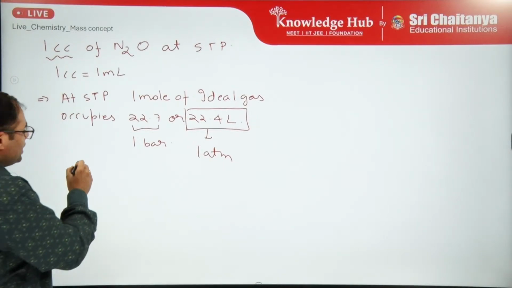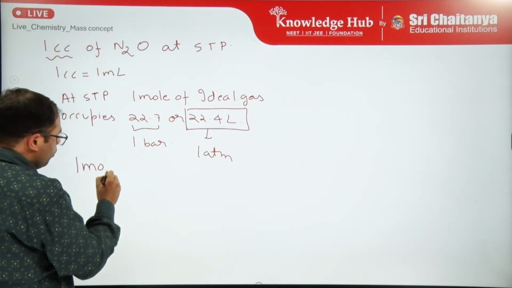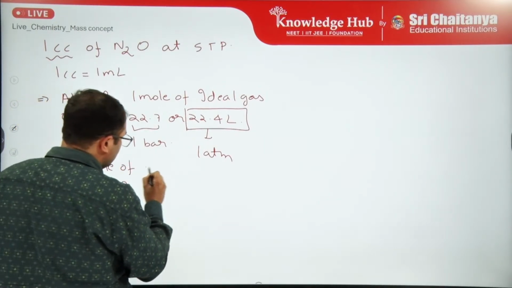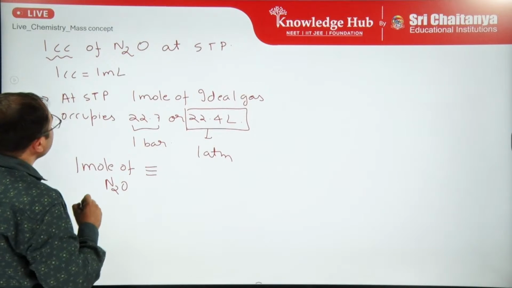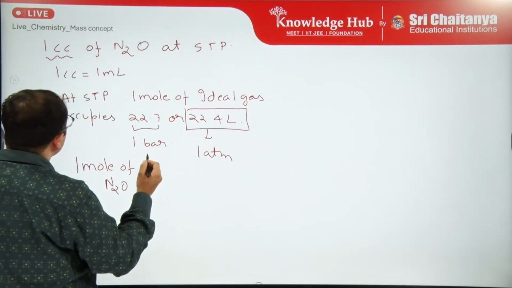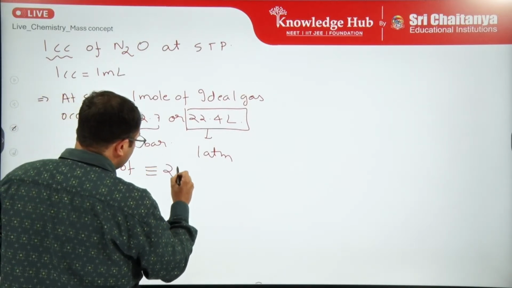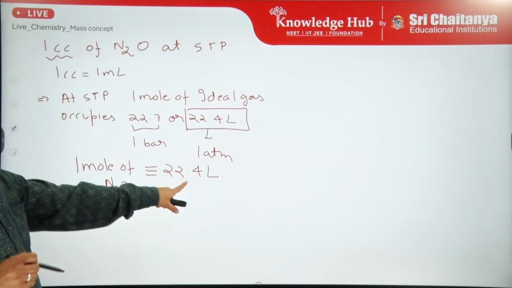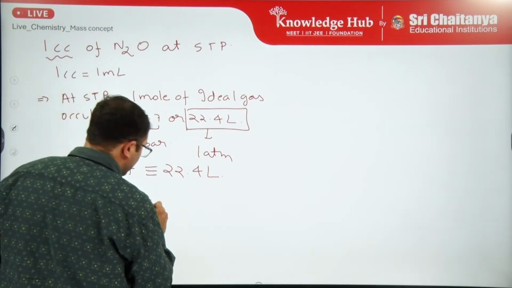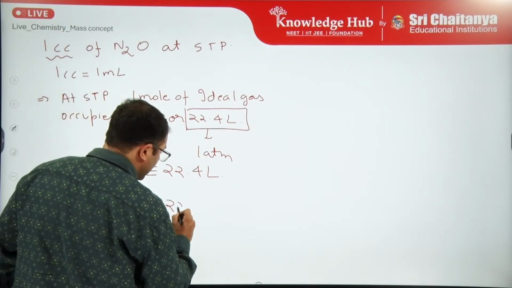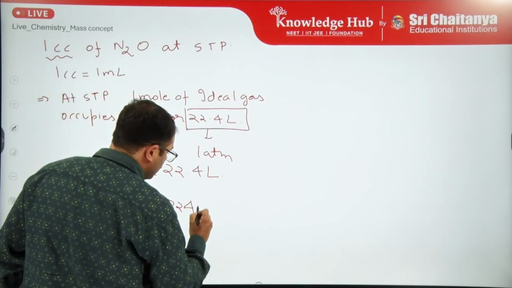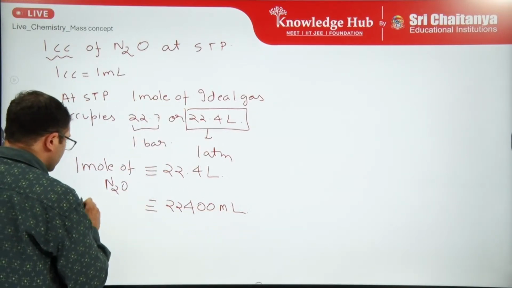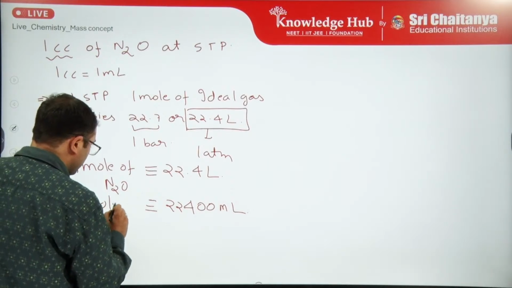Simply I can say that 1 mole of N2O has a volume of 22.4 liters. Now, 22.4 liters means how many mLs? We just multiply it by 1000, so it becomes 22,400 mLs, and that is what we talk about as 1 mole.